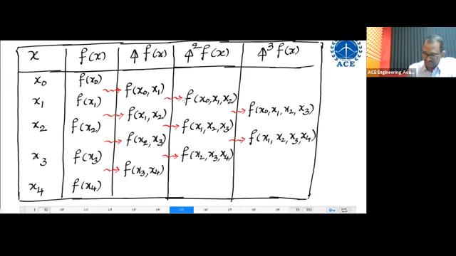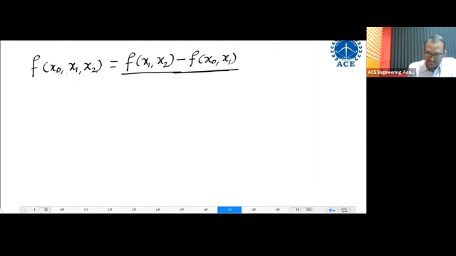In these three values, biggest is x2, smallest is x0. So denominator is x2 minus x0. Biggest is x2, smallest is x0.